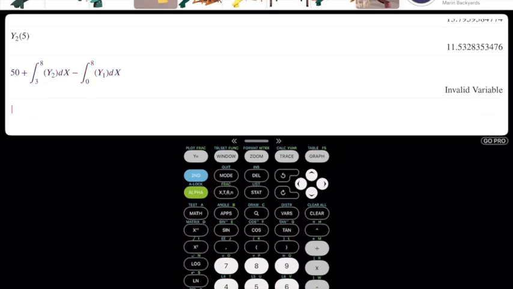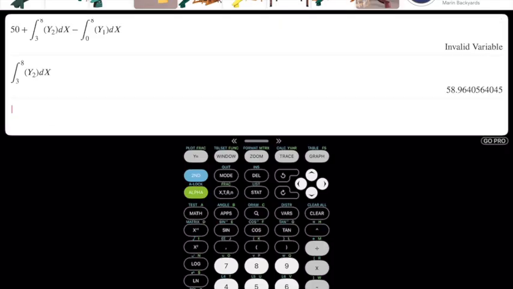So let's redo this. Let's go math, integral, 3 to 8, and this is y2. We get an answer. So this first part is 58.96. Then we're going to change that to a y1 and make the lower limit a 0.